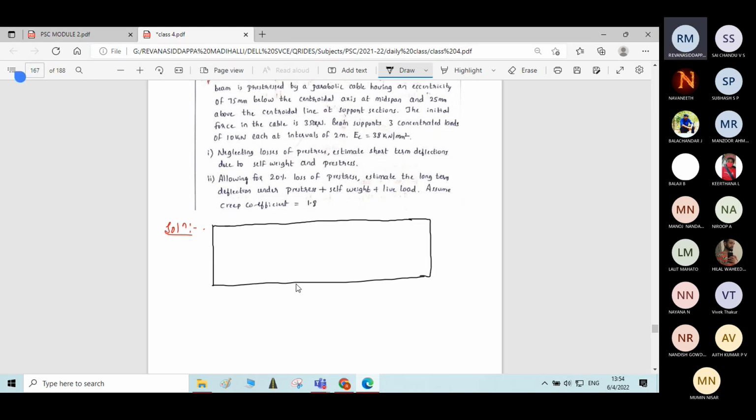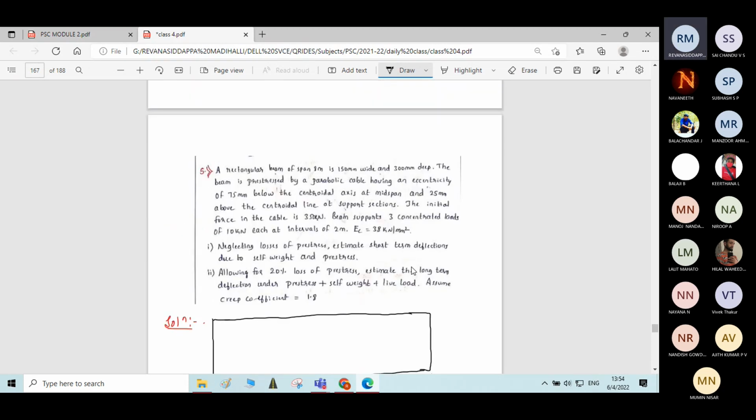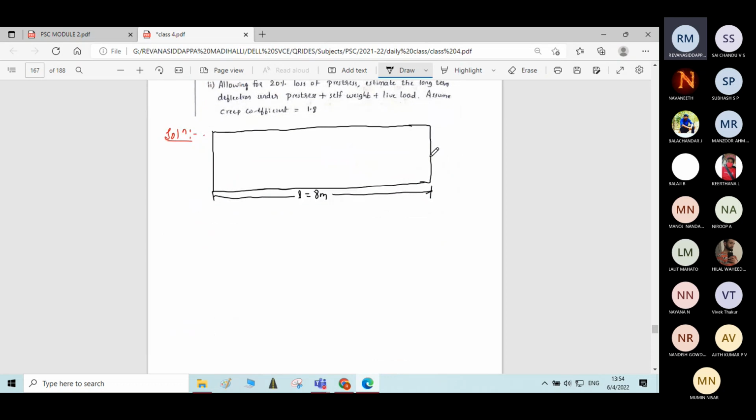L is equal to 8 meter. L is equal to 8 meter. Cross section is 150 by 300.